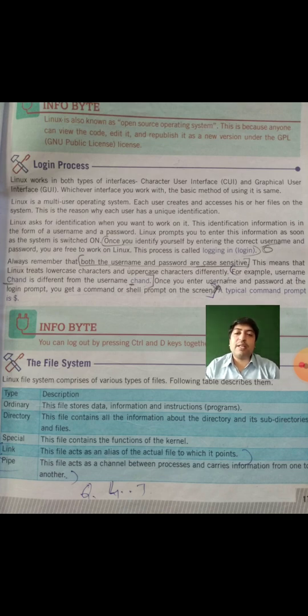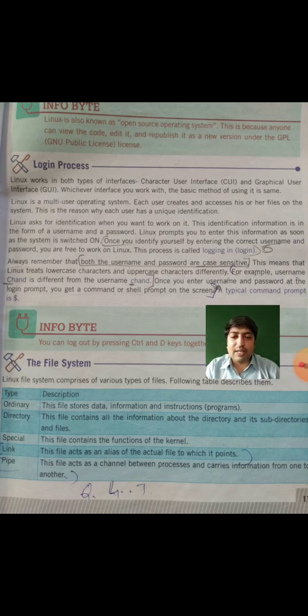So the next topic, the file system. The file types are different: ordinary file, directory file, special file, link and pipe. Inside the ordinary file, this file stores data, information and instructions. A directory file contains all the information about the directories, subdirectories and files.